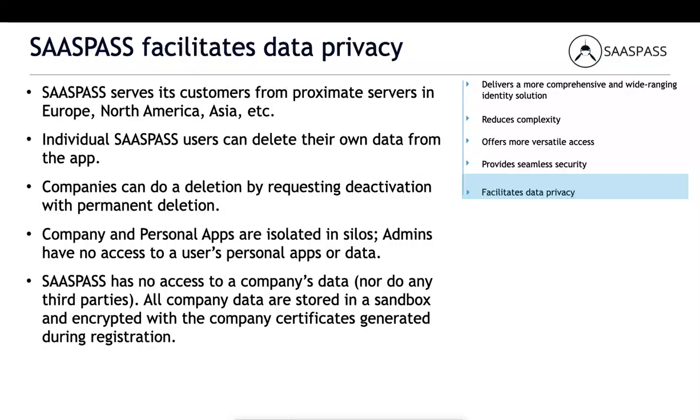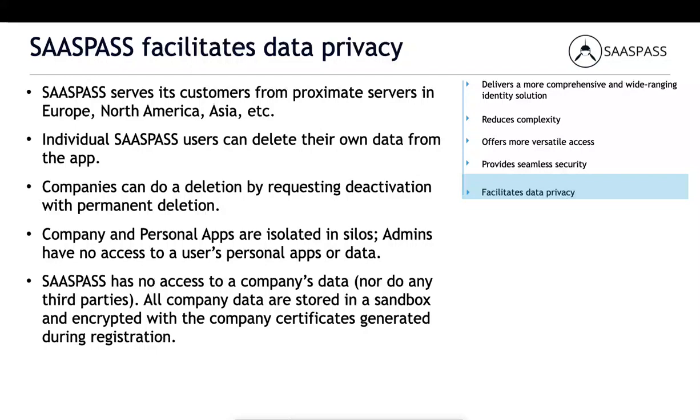SAASPASS has no access to the company data because all the data on the database servers are fully encrypted with certificates. Those certificates are automatically generated when the company registers.